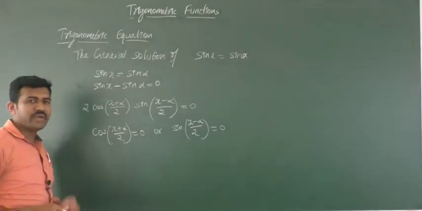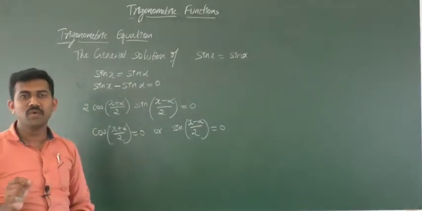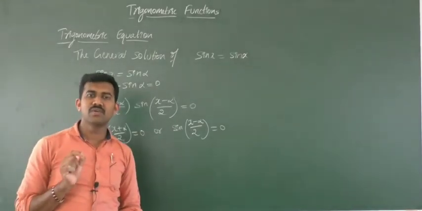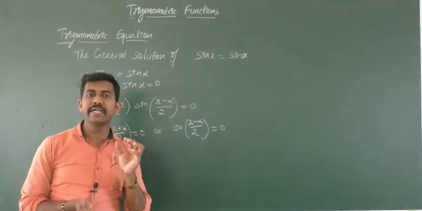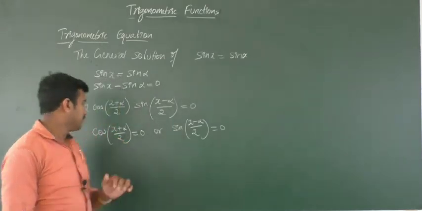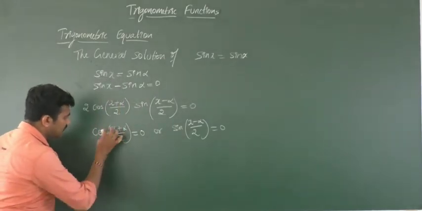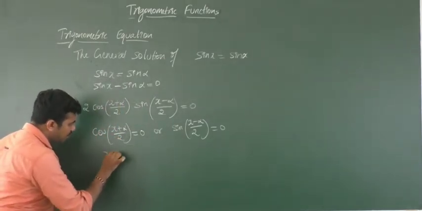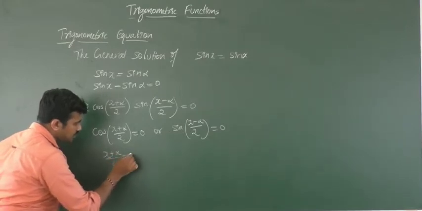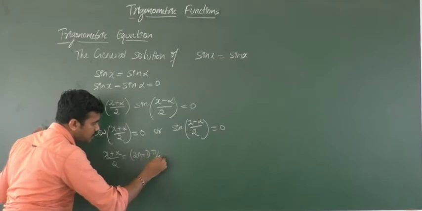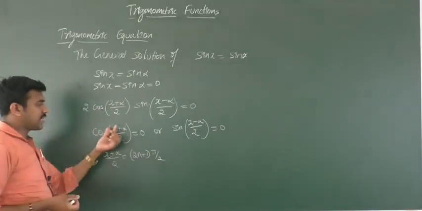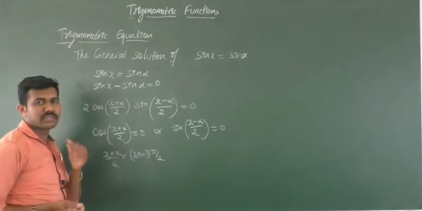See here, when the cos x value is 0, we know cos x is 0 if that value is an odd integral multiple of pi by 2. Means here, if (x plus alpha) by 2 is equal to an odd integral multiple of pi by 2, then cos of (x plus alpha) by 2 is equal to 0 we will get.